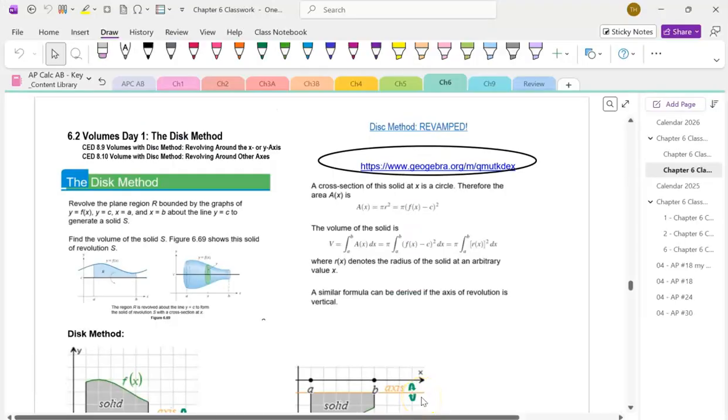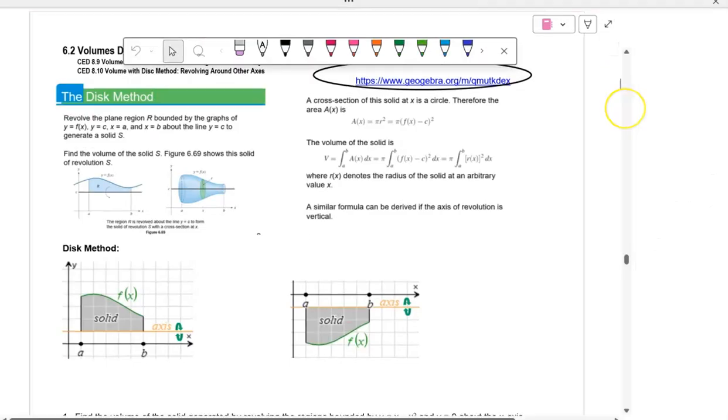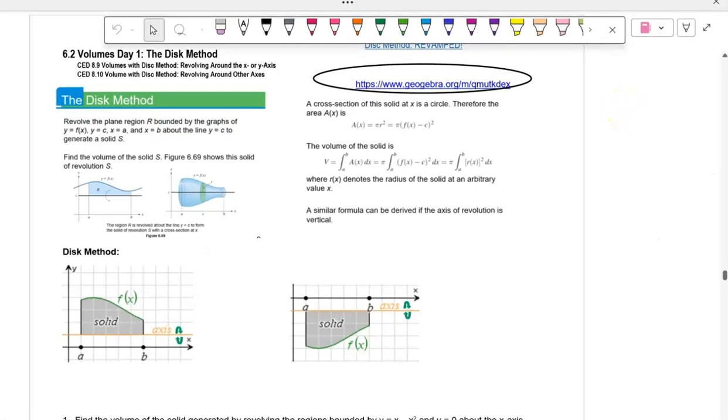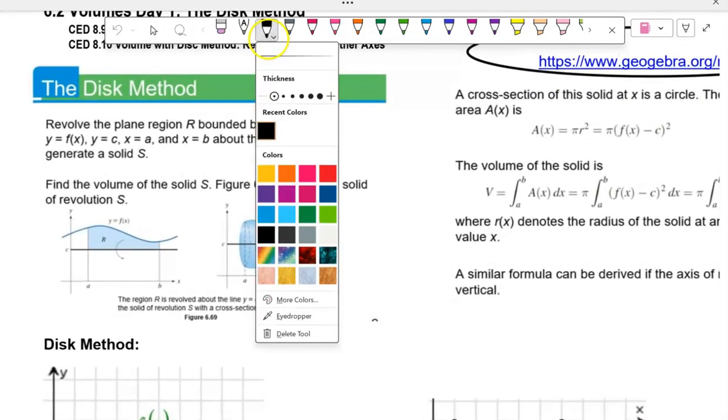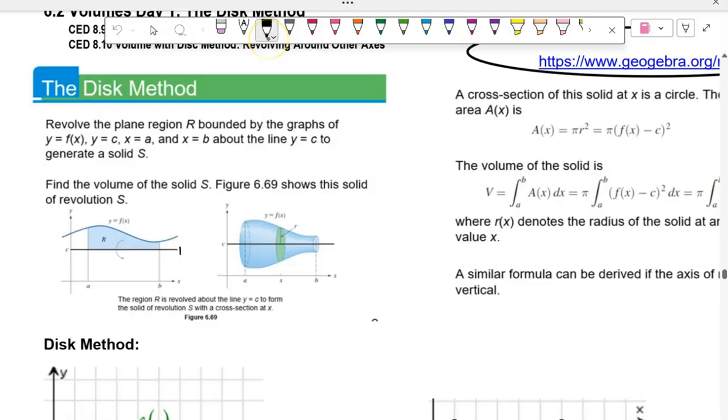Everything that we're going to be doing today is going to be involving this volume of revolution. We're going to start with this image right here. We've got the axis of revolution, and we're going to be taking this f of x and revolving around it. This region R is called the radius.